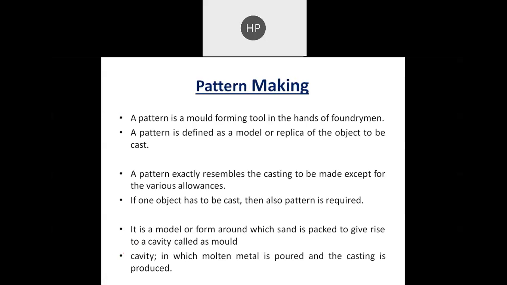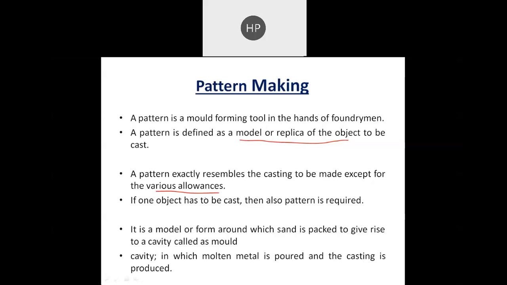Then we started our discussion on pattern making. So what is a pattern? A pattern is defined as a model or replica of the object to be cast. The pattern is made with various allowances, which we are going to see.